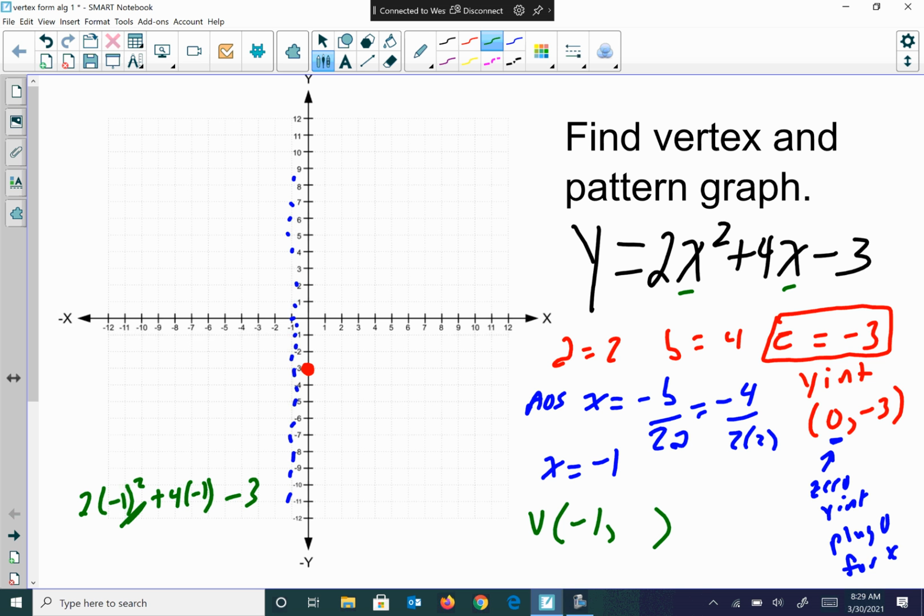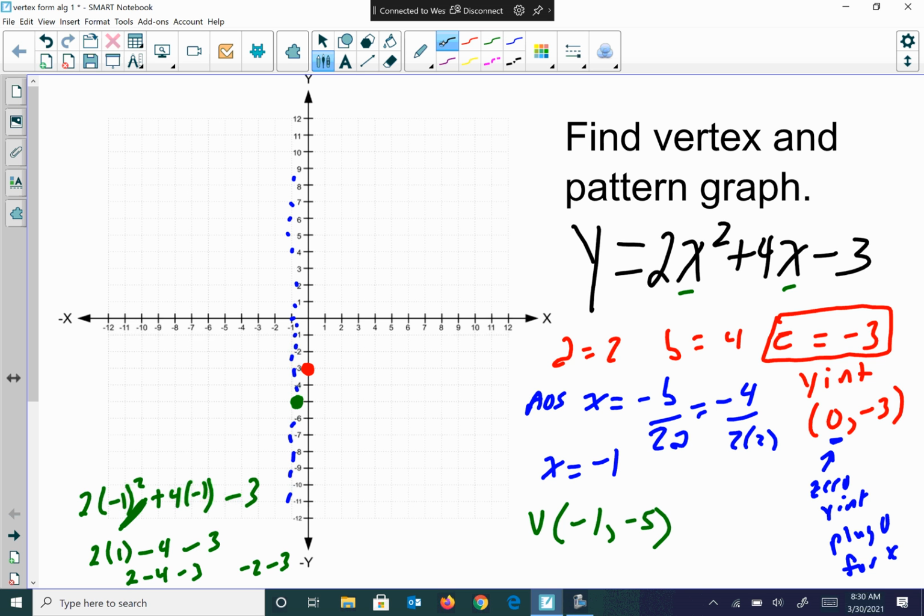Order of operations says do this first. -1 times -1 is +1. 4 times -1 is -4. So I'm going to get 2 minus 4 minus 3. 2 minus 4 is -2. -2 minus 3 is -5. So I get (-1, -5).